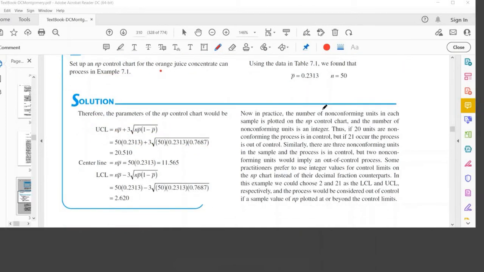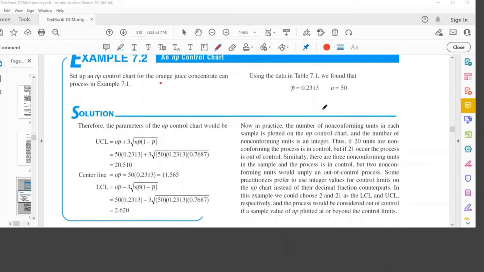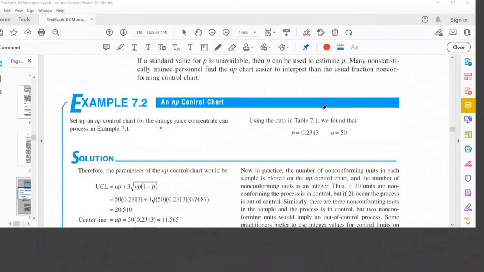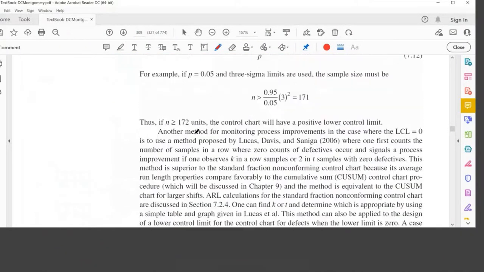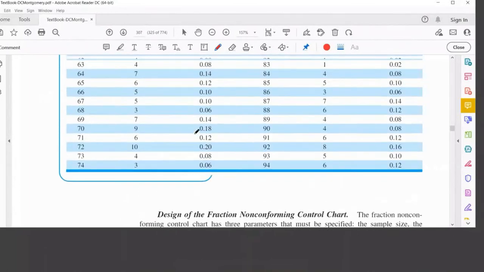Maybe the confusion is about what to plot on the chart. What you are plotting is the number of non-conforming units. Let me go to the data.